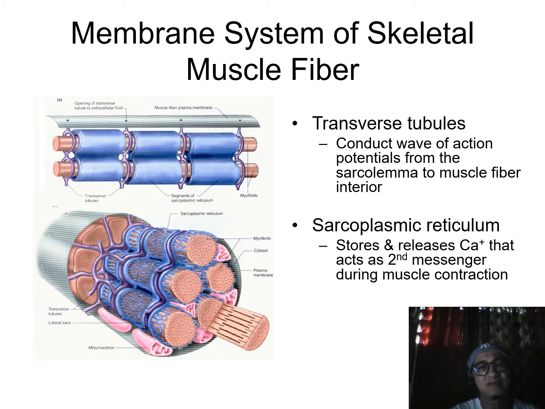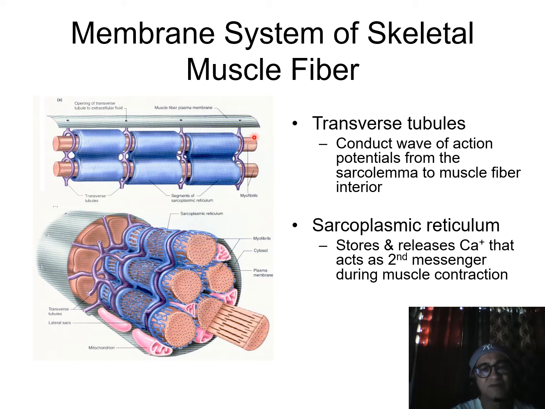Apart from the contractile protein filaments that are highly organized in the myofibrils of muscle fibers, you also have a network of membrane systems that are very important to muscle contraction, especially during the activation of the muscle, which we call excitation.